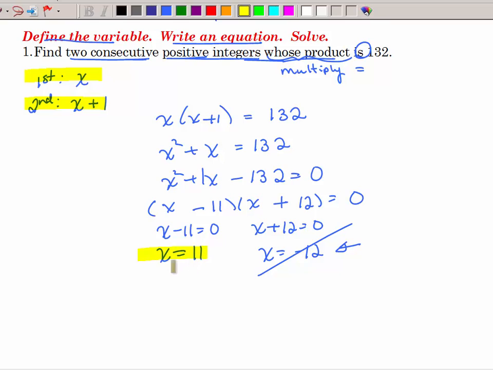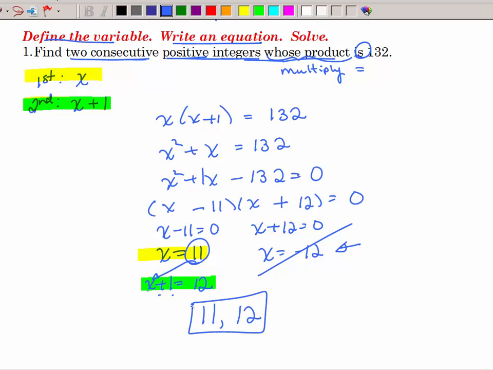You want to find x, but what else am I asking you to find? X plus 1. So I need to know what is x plus 1. Well, if x is 11, what's 11 plus 1? 12. So my two consecutive positive integers are 11, 12.